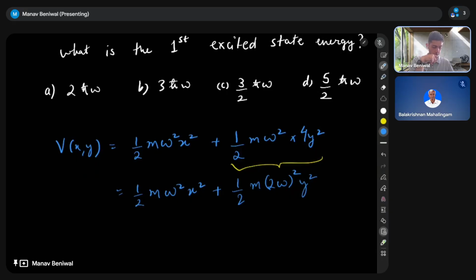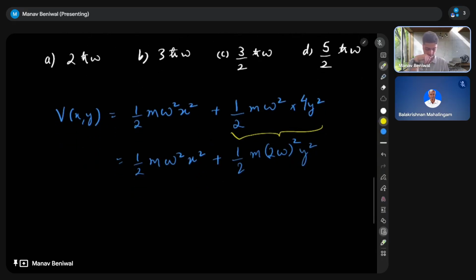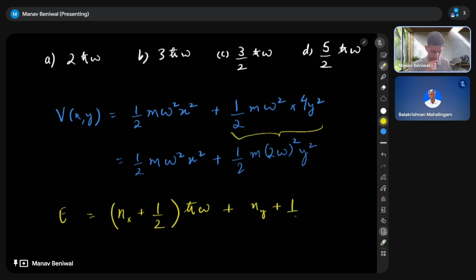So if we want to now write our energy E, that we can write as, for this case it will be nx plus half h cut omega, and because of the second term we will get ny plus half h cut and then 2 omega.